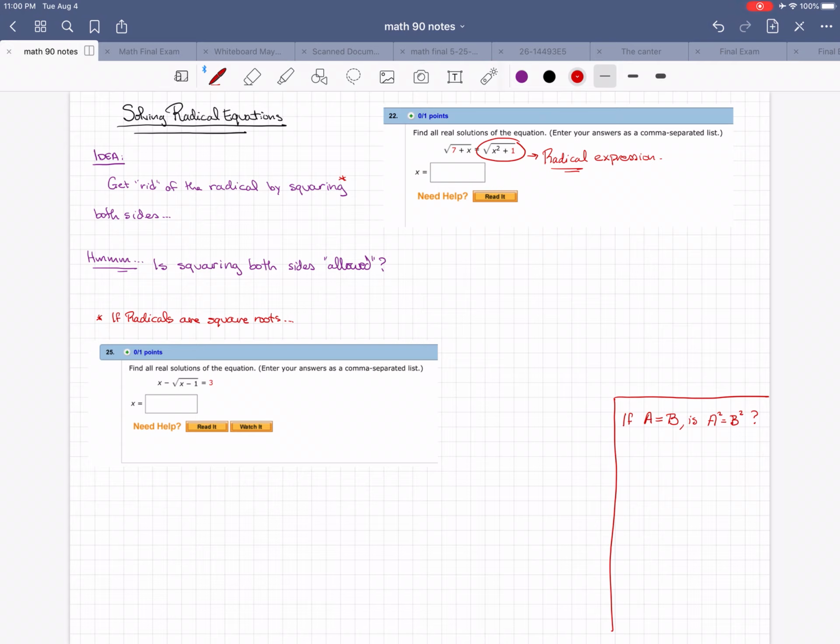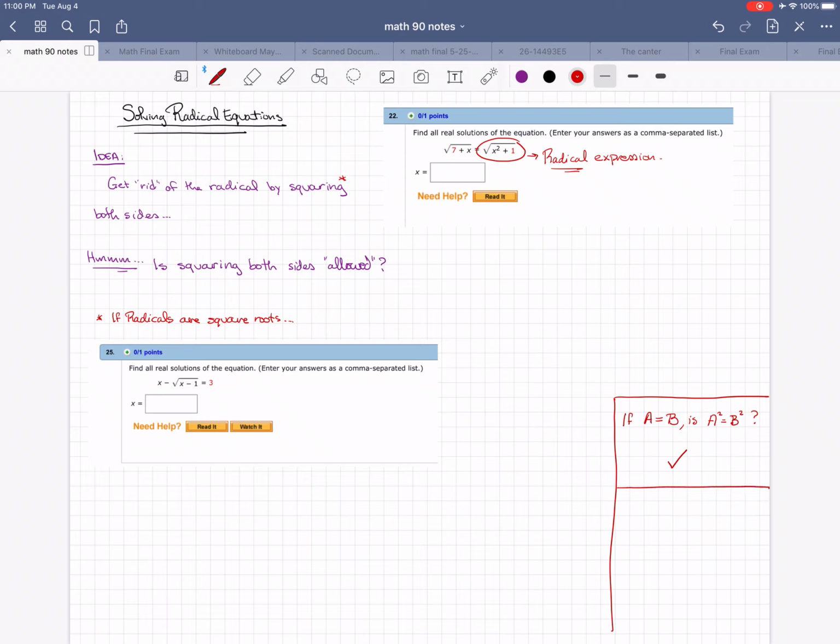The answer seems pretty reasonably yes. If you take the same number on both sides, whether it's 4 and 4 or -7 and -7, when you square both sides, you get the same thing. So this is good. And that's a big deal because it means that squaring both sides is not going to lose solutions to the equation. It's not going to take a situation where the two sides are equal and mess it up to where they're not.